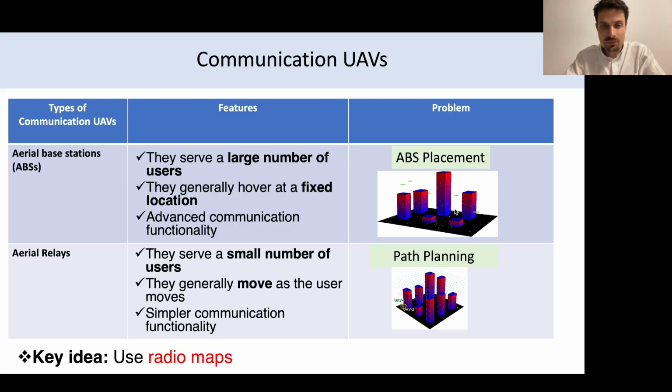But that is, of course, not really possible in practice. So the idea in this work is to use radio maps to predict the channel at every location, or between the users and every location in the airspace, without having to send a UAV there to measure the channel beforehand.